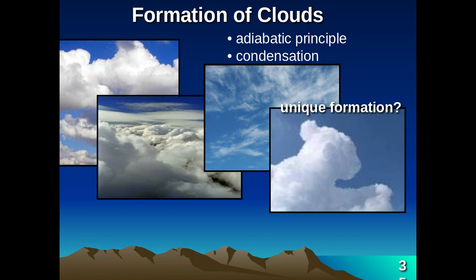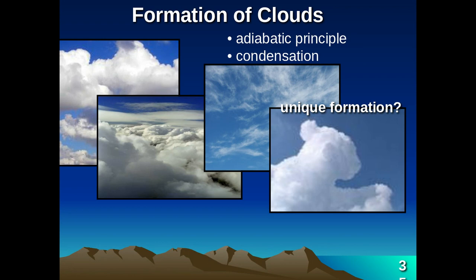In addition, we also looked at how to calculate relative humidity. Also, we took a little look at the greenhouse effect, understanding that the greenhouse effect is a natural process and very necessary to keep the Earth warm. And again, if it wasn't for the greenhouse effect, average temperatures would be minus 15 degrees.